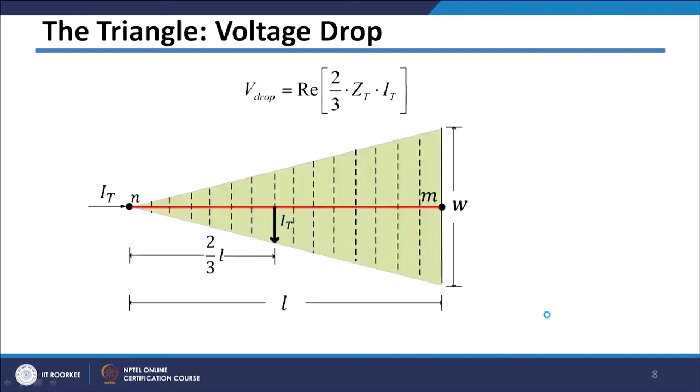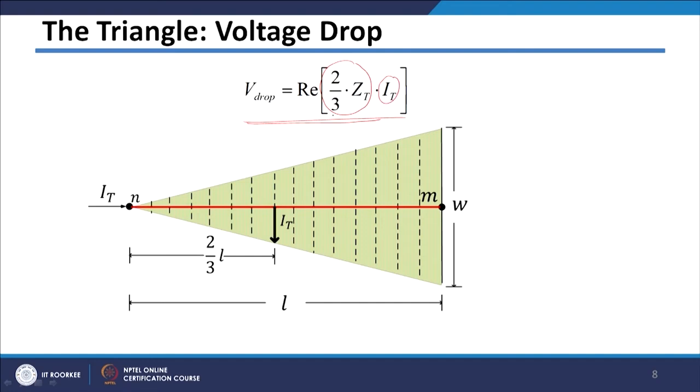From this equation we can easily find out the lumped load model of the triangular configuration. This is your voltage drop equation, and I can see that it is 2/3 into total Z multiplied by your IT.